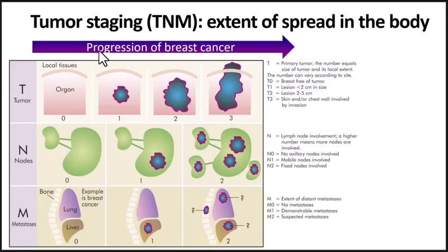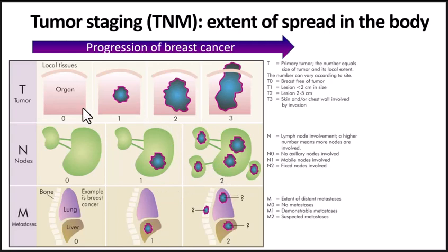Now, this is specifically an example of the progression of breast cancer. And we're going to look at what TNM means and apply it to the different stages. Again, speaking specifically of breast cancer.